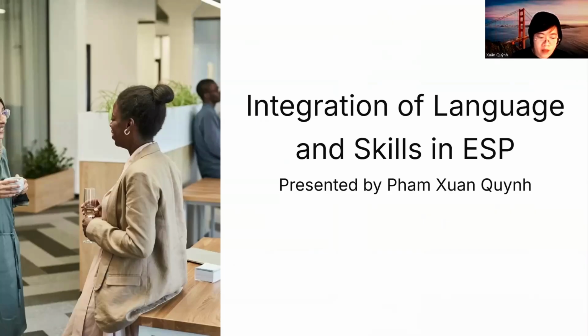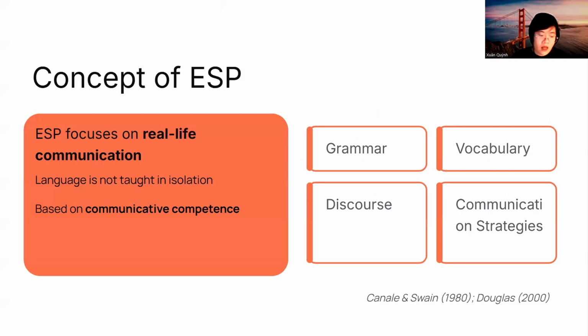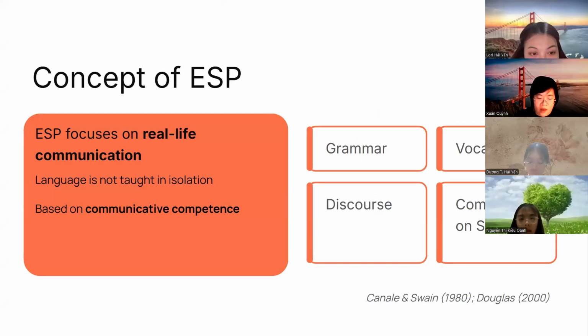Good evening, everyone. Today I will present about the integration of language and skills in ESP. I will explain how language and skills are connected, how tasks combine multiple skills, and provide some practical examples. Next slide, please. In ESP, language is not taught separately as grammar or vocabulary.